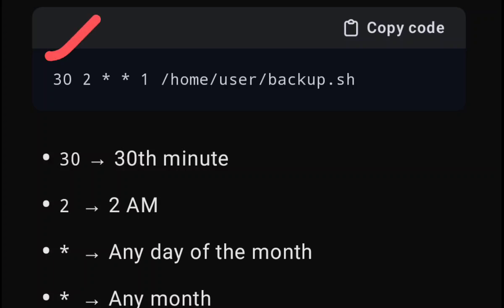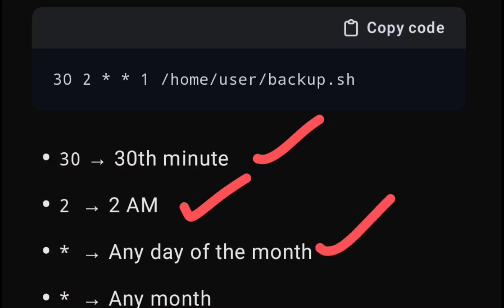The first one indicates minutes, 30. The second one indicates hours, at 2 a.m. The third one is a star, in the sense any day of the month, and the fourth also a star, that means any month, and the fifth indicates 1, in the sense Monday.